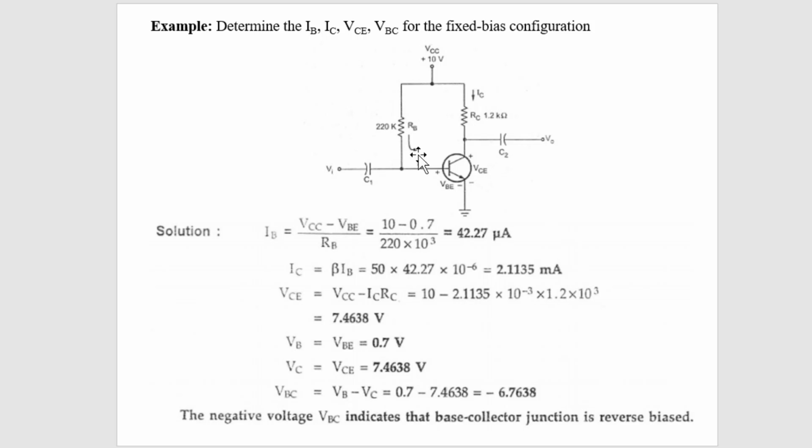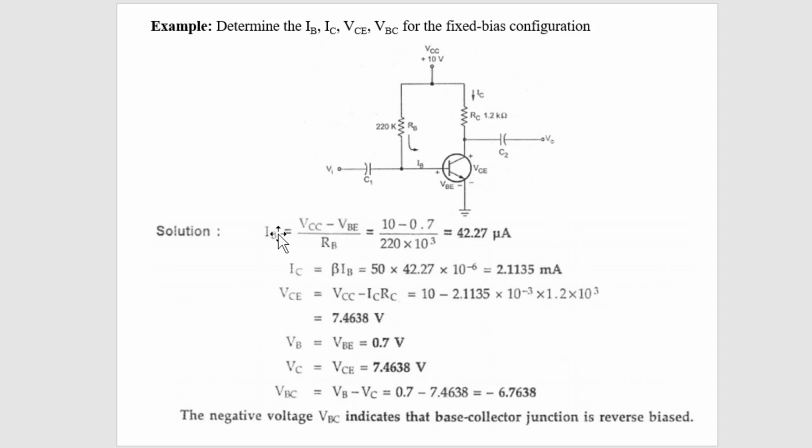Let us assume that IB current is flowing here. So plus IBRB plus VBE minus VCC equal to 0. That gives IB equal to VCC minus VBE upon RB. So IB is equal to 10 minus 0.7 divided by 220 times 10 to the power 3 ohm. So that is 42.27 microampere. So we are able to know the base current.